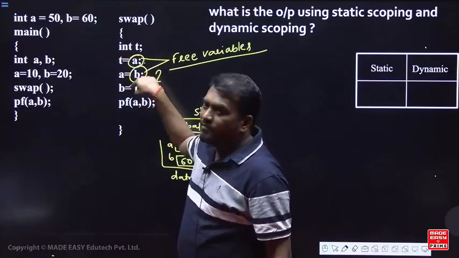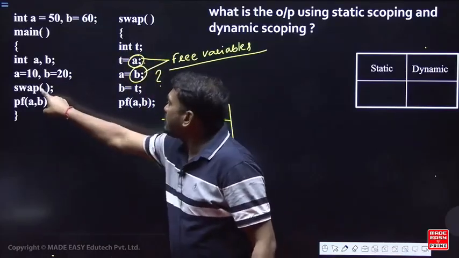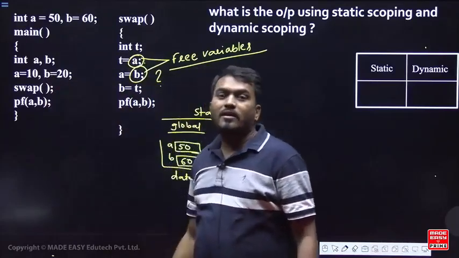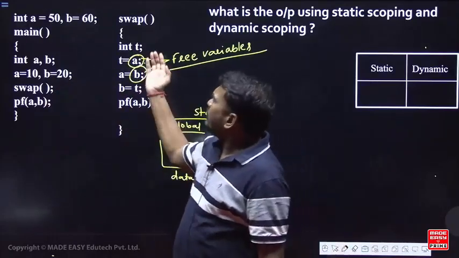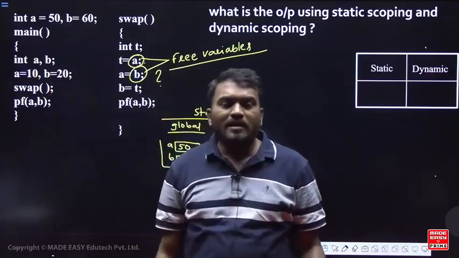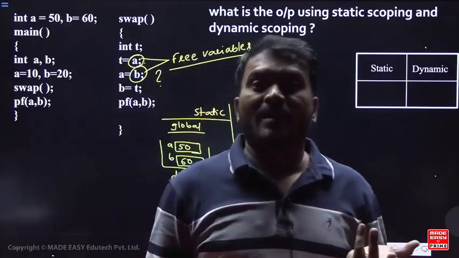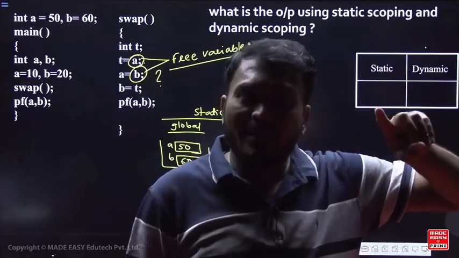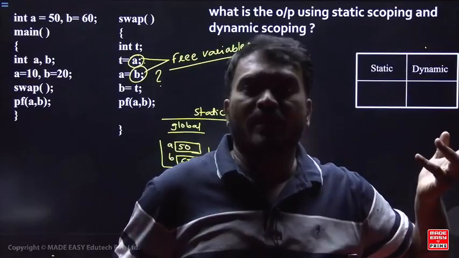Who called the swap function? Main. So you consider a equal to 10. If I follow the previous calling function's variable a, that is called dynamic scoping. If I consider the global variable a, that is called static scoping. Is that clear?